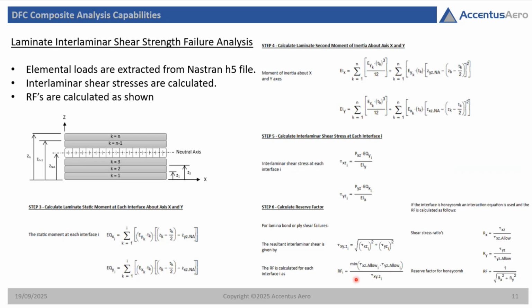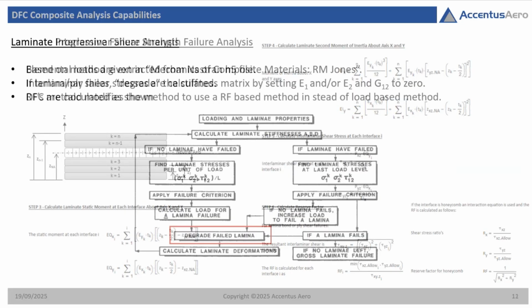For normal bond ply indexes, we calculate the RF like this. And for honeycomb core, we use a slightly different way of calculating the RF, using the stress ratios for your core allowables in the XZ and YZ directions. So that's interlaminar shear failure.